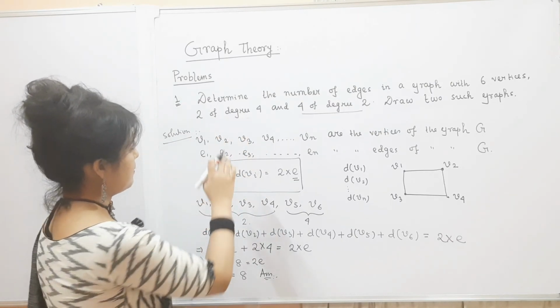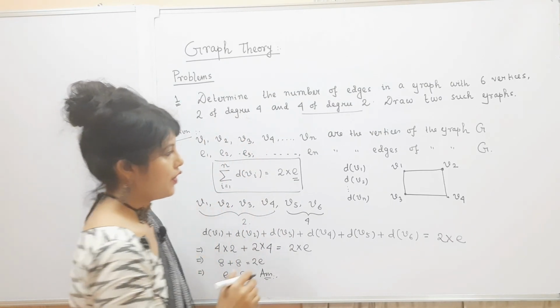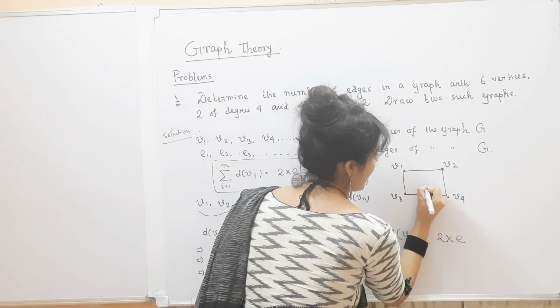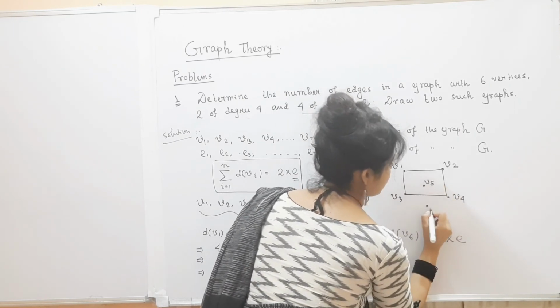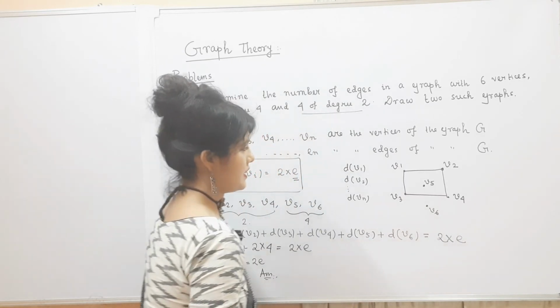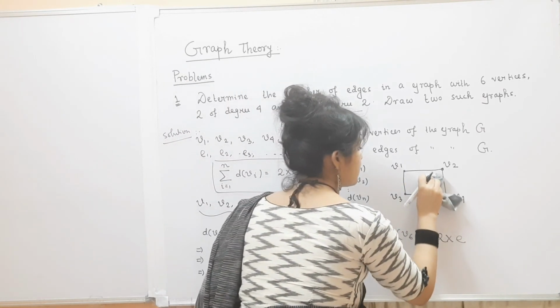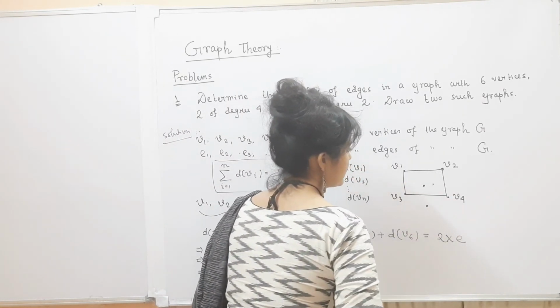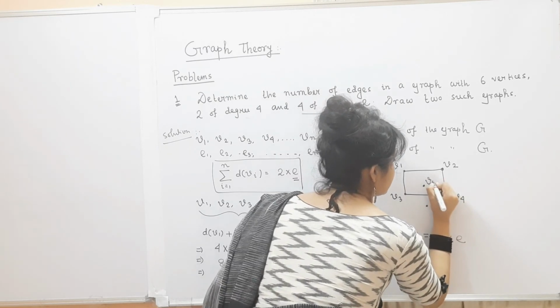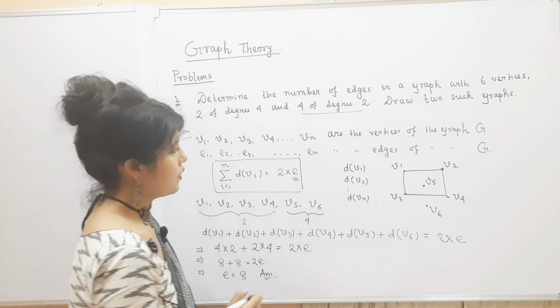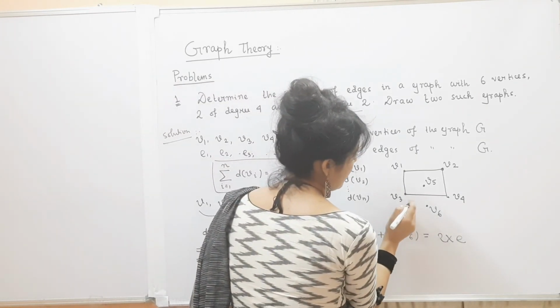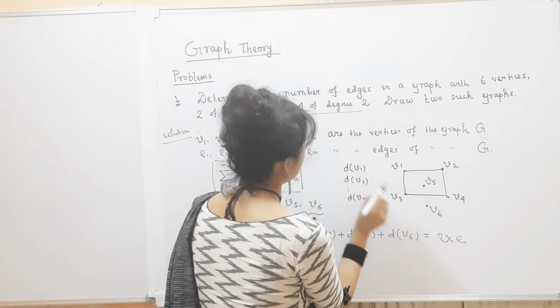Now 2 vertices are of degree 4. So if this is V5 and this is V6, now 2 are of degree 4.